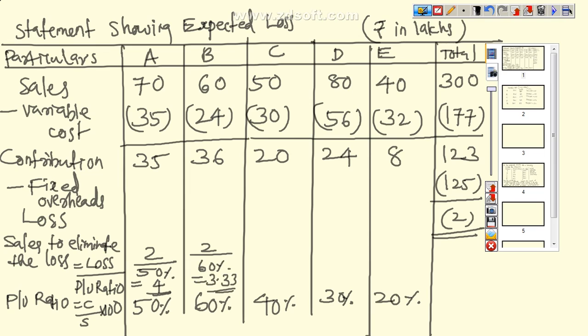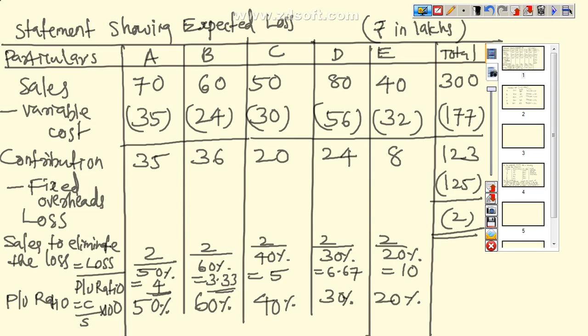And for C product, 2 upon 40% is equal to 5. And for D product, 2 upon PV ratio of 30% is equal to 6.67. And for E product, 2 upon PV ratio of 20% is equal to 10.